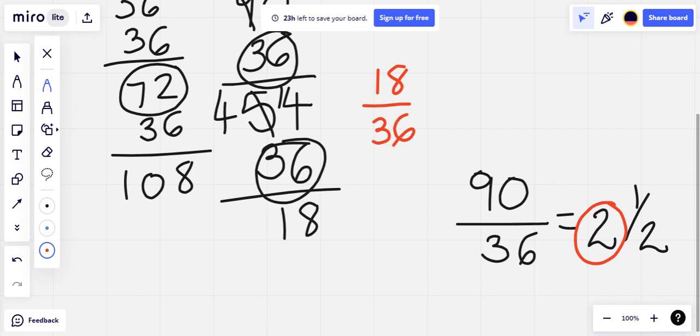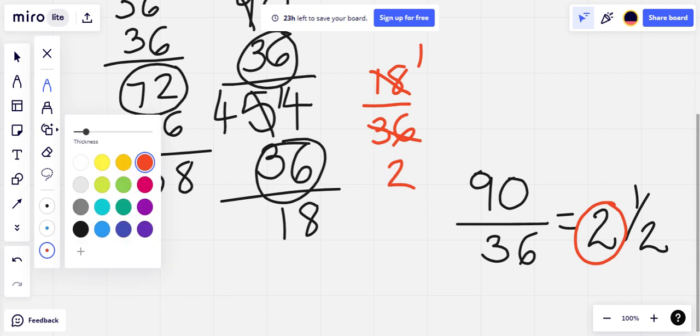So 18 out of 36 is a half. We can actually say 18 into itself goes 1 time, 18 into 36 goes 2 times.